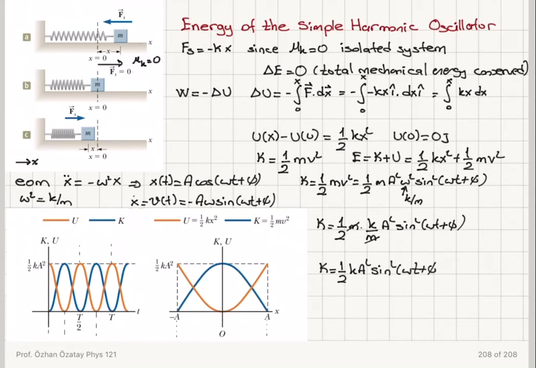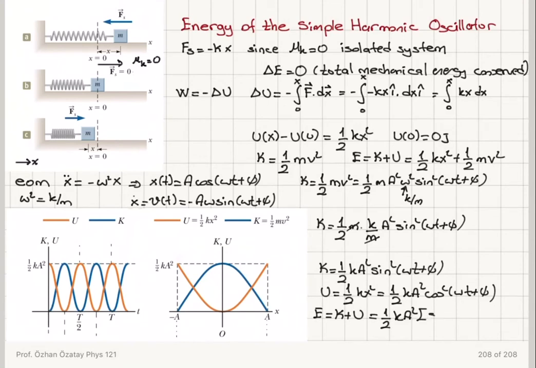So the m's cancel. Therefore, the kinetic energy component is equal to 1 over 2 ka squared sine squared of omega t plus phi. And if I write the potential energy component, it is 1 over 2 kx squared. It's 1 over 2 ka squared cosine squared of omega t plus phi.